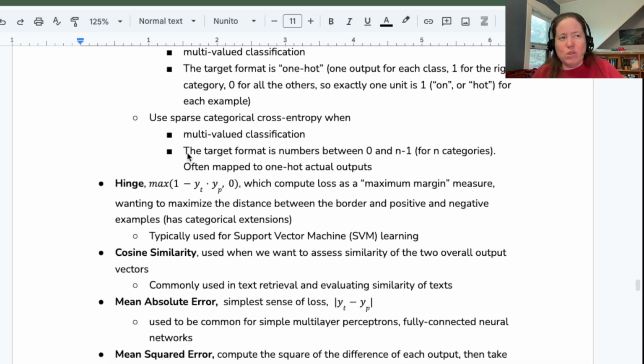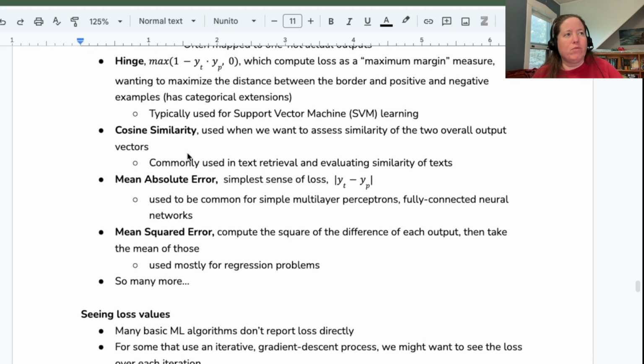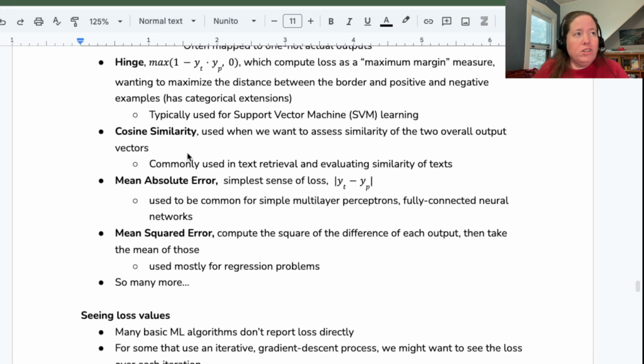All right, let's look at a few other loss functions for different kinds of problems. So hinge is a formula. You can see it here. It's looking at the target value for the output and the predicted value, and it's taking the largest of 1 minus the target times the predicted value, or 0, making sure it doesn't have any negative outputs, and that is called the hinge function.